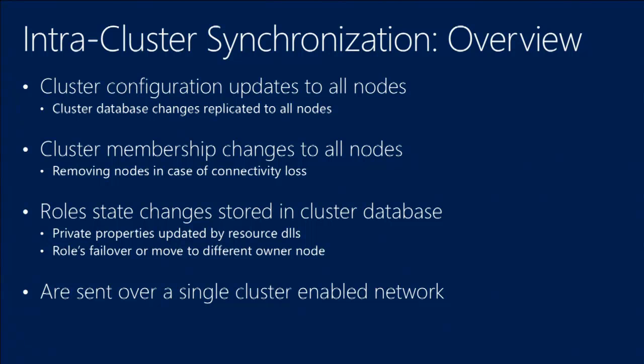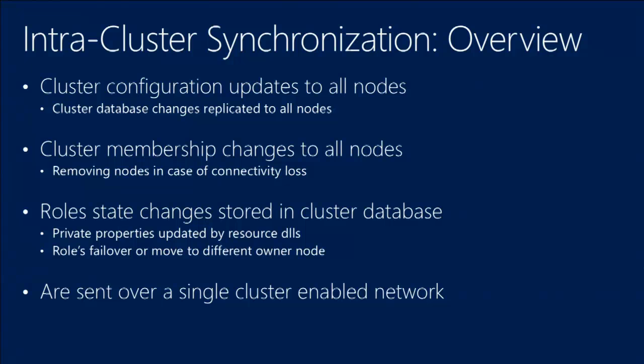That traffic is what affects the intra-cluster synchronization. Every time you configure a role, or start or stop a role, or it changes ownership from one node to the other, that information is recorded in this replicated cluster database, and that generates some amount of traffic.